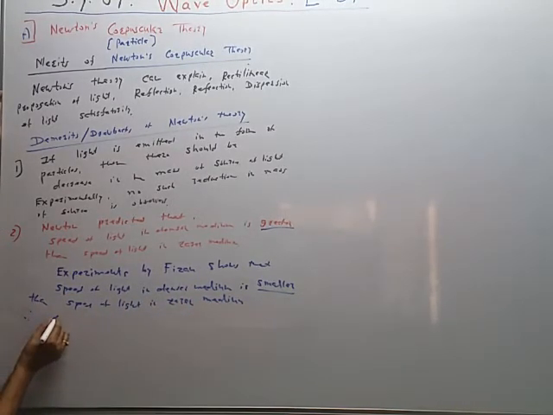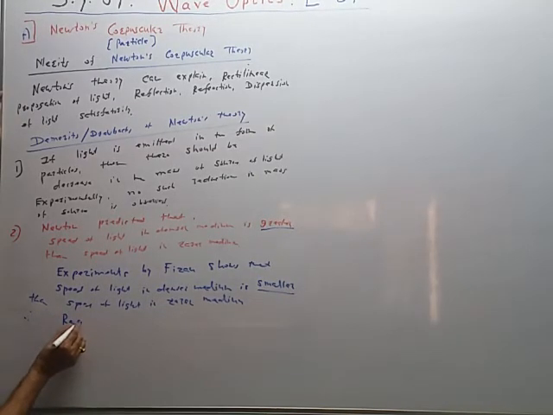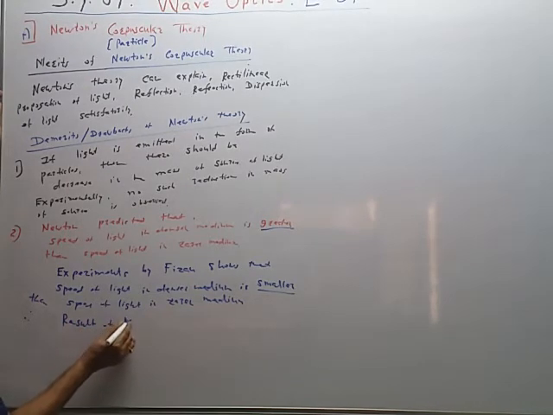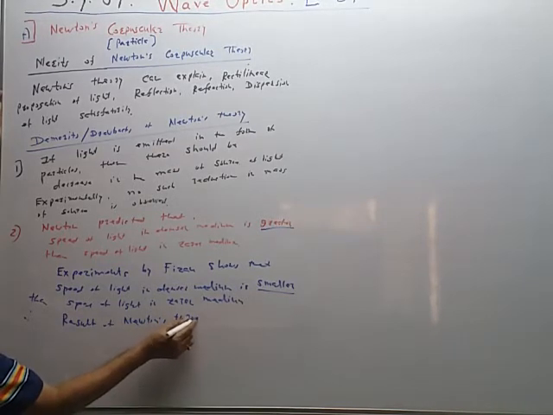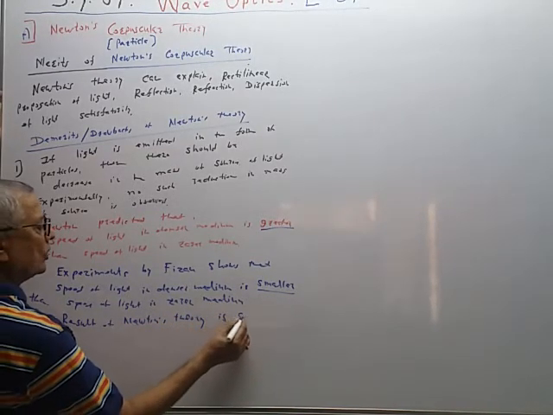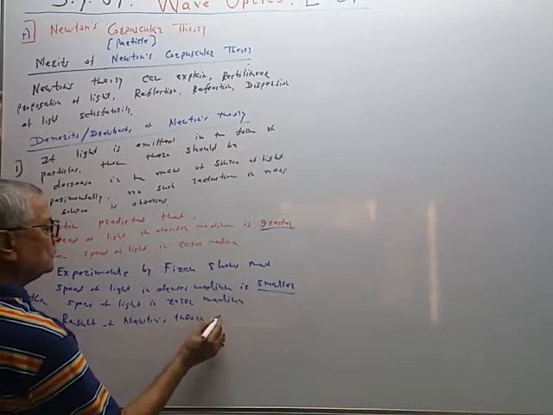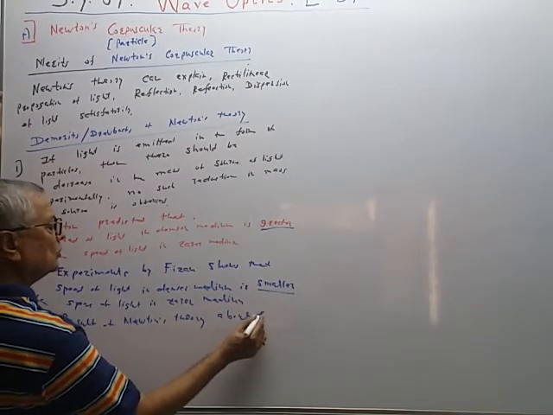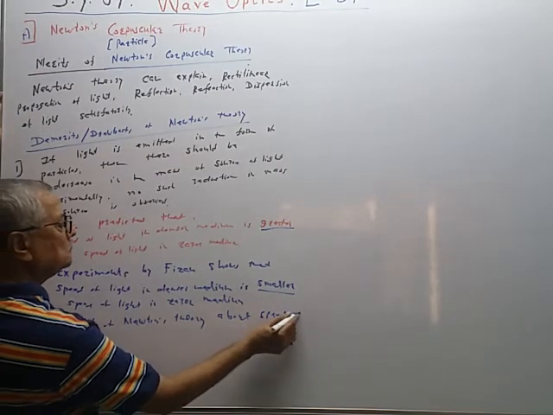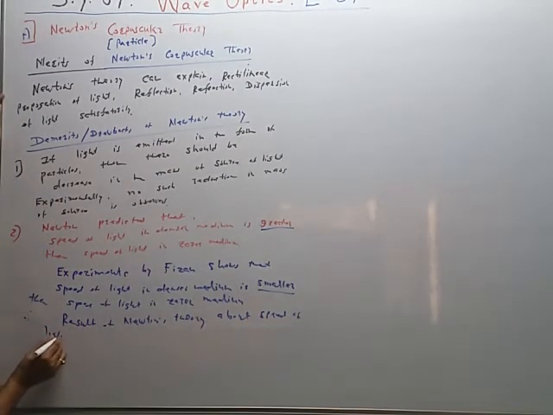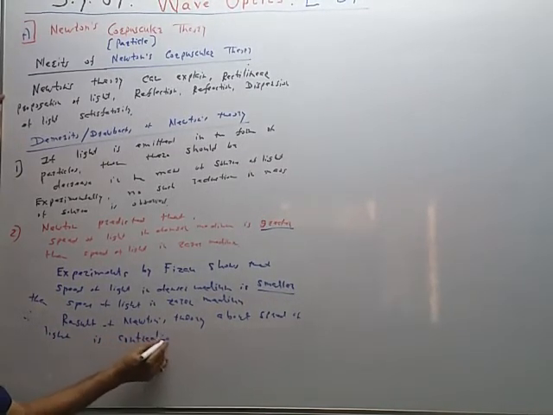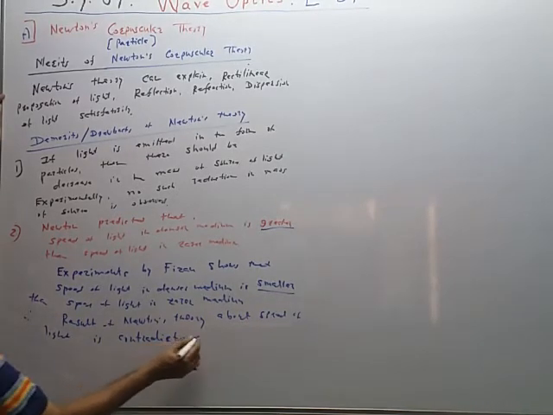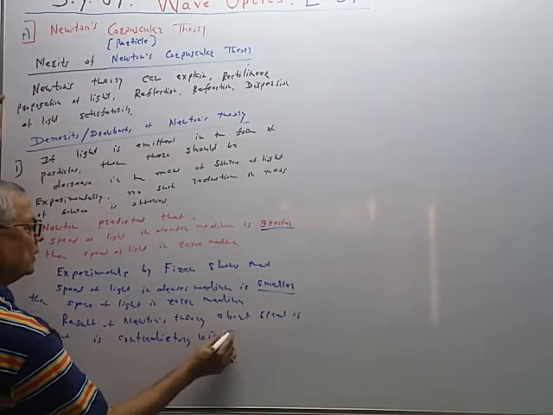Therefore, the result of Newton's theory about the speed of light is contradictory, means opposite, with experimental results.